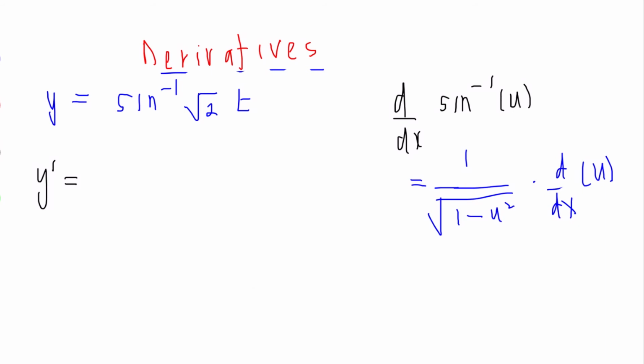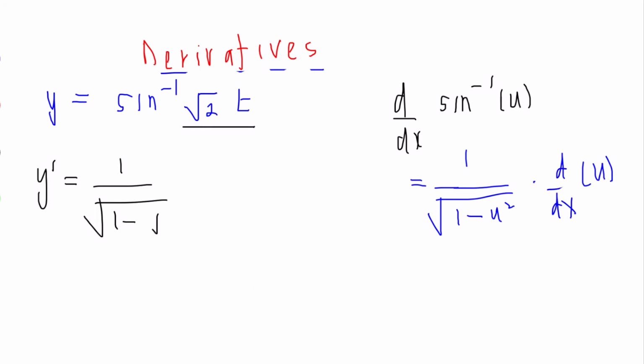Okay, now we will try to use this formula to find the derivative of the function we have. So we put 1 over the square root of 1 minus, now our u is all of this part. Whatever is inside the inverse trigonometric function is our u.